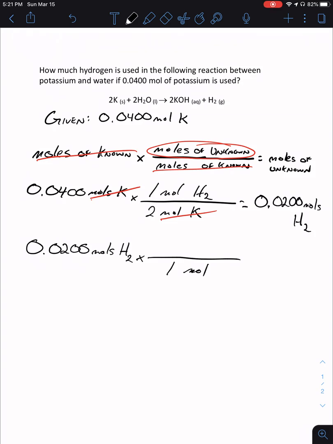H from the periodic table equals 1, and we have 2 atoms of H, multiplied by 2, and we get 2. So 2 grams per mole. We put that 2 here, and then we just do this out, so we would get 0.0400 grams of H2. All right, and it's that simple.